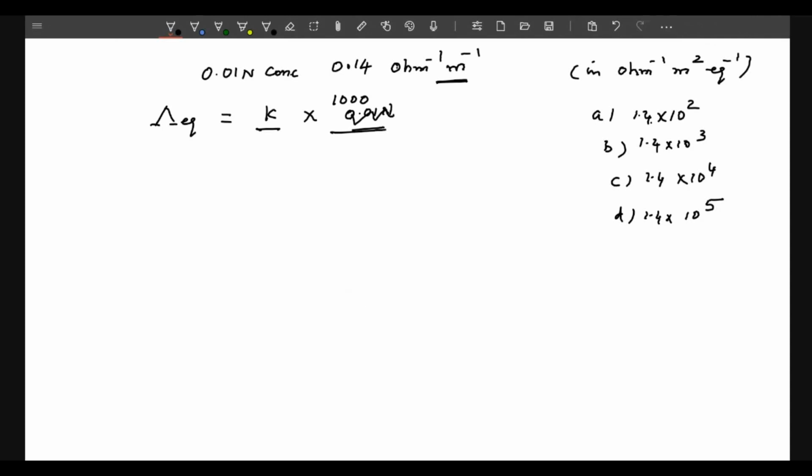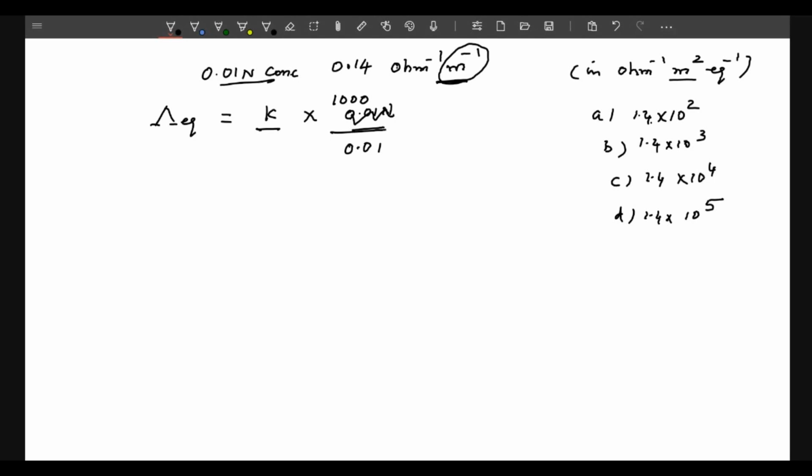what should be given here? 0.1 normal. Here normality should be given. But be careful. Here the kappa is given in per meter and the concentration is given in terms of normality.